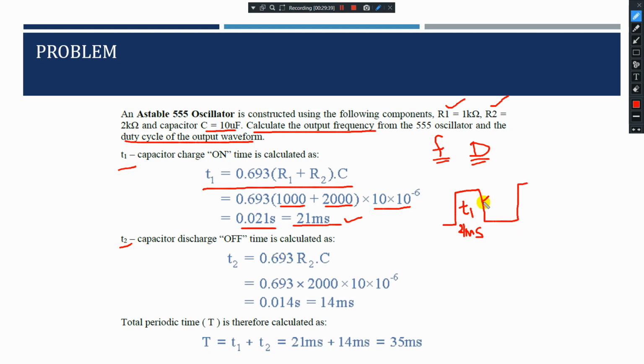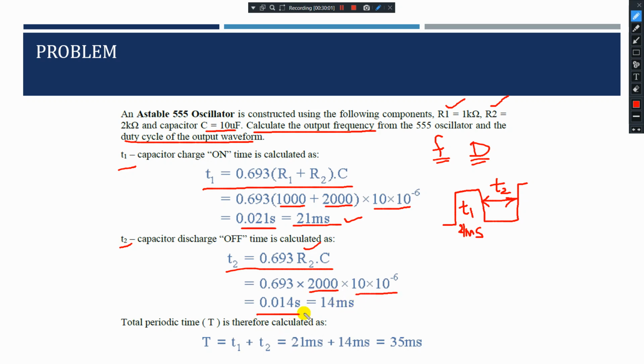Now let us find out the T off condition. T off, this one we need to find out. That is the T2 condition. For T2 we need only R2. By the formula, T2 is equal to 0.693 into R2 into C. R2 is 2000 into 10 to the power of minus 6.